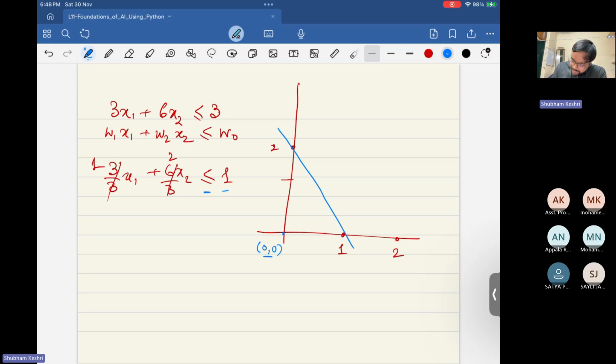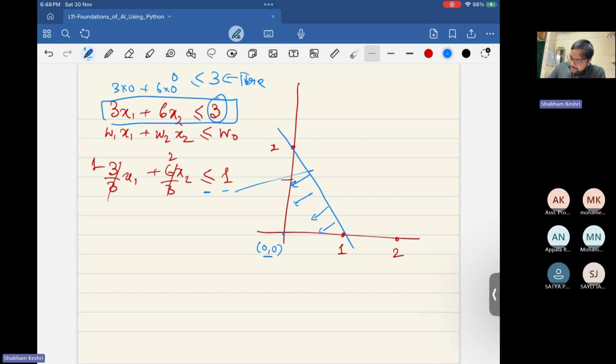When you say 3 into 0 plus 6 into 0, what is this? 0, which is less than equals to 3. This is true, right? Therefore, when I say this line is less than equals to 3, I am talking about this area. So this region is 3x1 plus 6x2 is less than equals to 3.